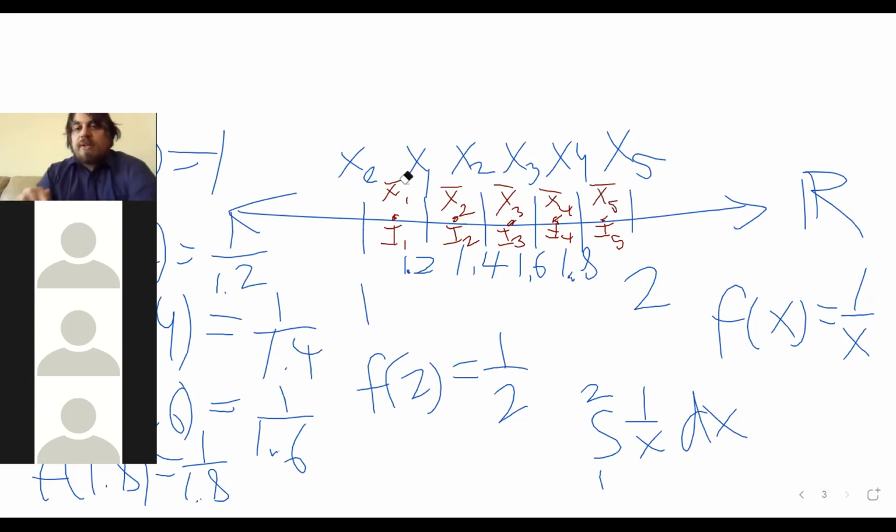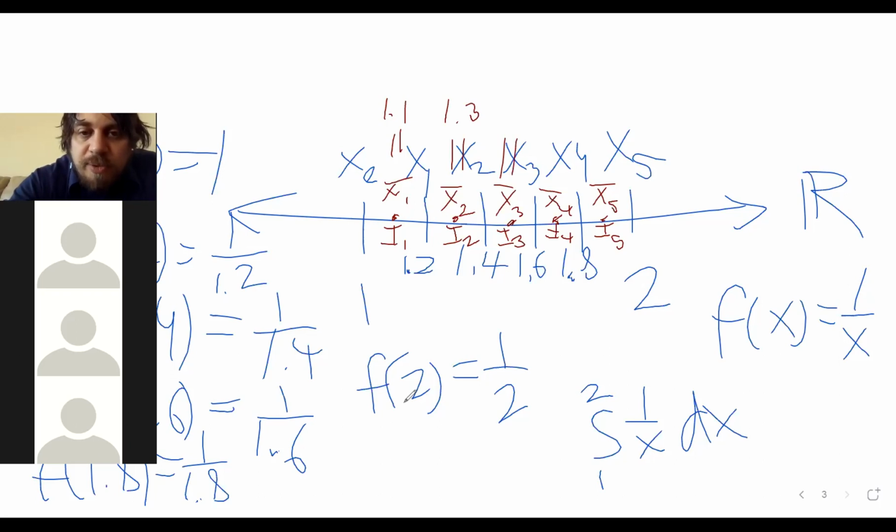And x5 bar is the midpoint of the fifth subinterval I5. And so you just find what those midpoints are. And so x1 bar is equal to the midpoint of 1 and 1.2, which is 1.1. X sub 2 bar is the midpoint of the second subinterval, which is 1.3.